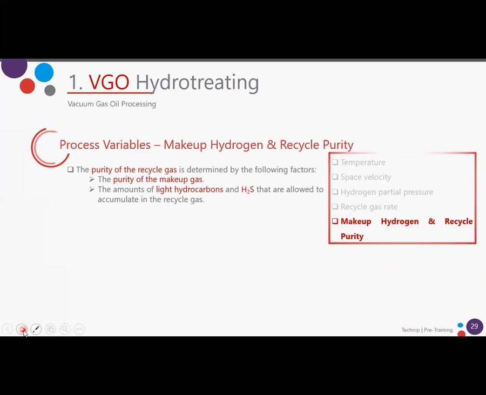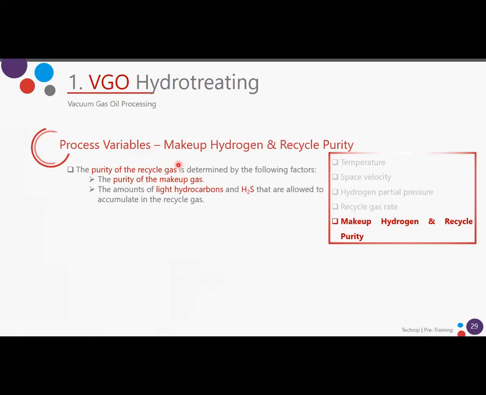Remember that we saw the makeup hydrogen to this unit is from the PSA section. There is another unit in the refinery where you process some hydrogen and you get a very high purity hydrogen, okay?